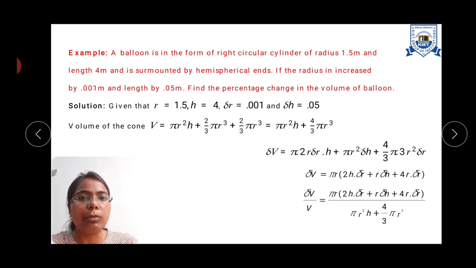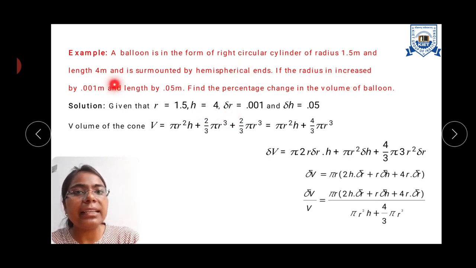In the question, we are given that radius r is equal to 1.5, and length is equal to 4 meter, it means h is equal to 4, and increase in radius by 0.001 meter and increase in length by 0.05 meter.